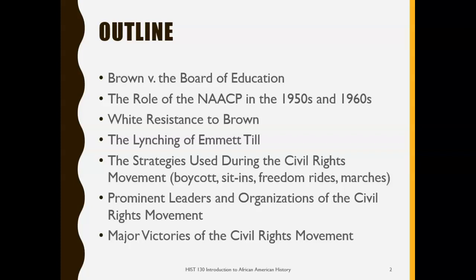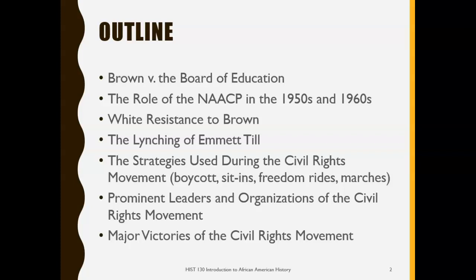And we will specifically talk about the role of the NAACP in this case and other cases, and how the white people in the South resisted the implementation of the Brown, which means how they resisted desegregation of schools and other public facilities. Next, we will continue with the lynching of Emmett Till.